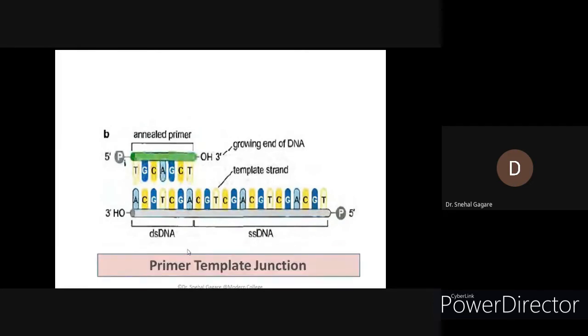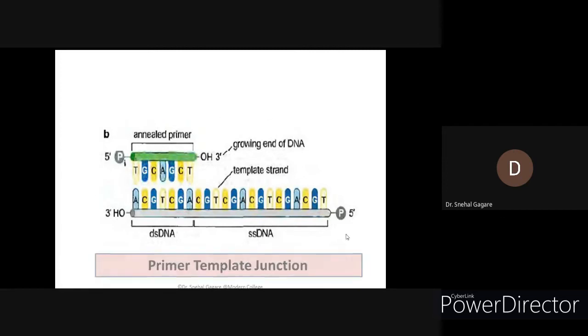What do we mean by complementary? Whenever there is A on the template, there will be T on the primer, C on the template, G on the primer, and so forth. So here when we have C on the template, there will be G on the primer strand, or the extended strand will add a G residue of nucleotide.